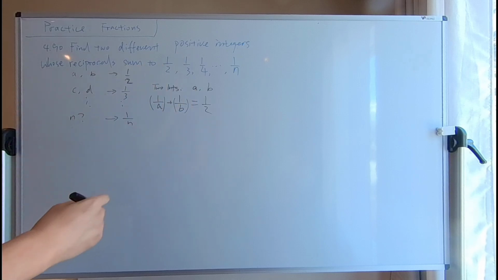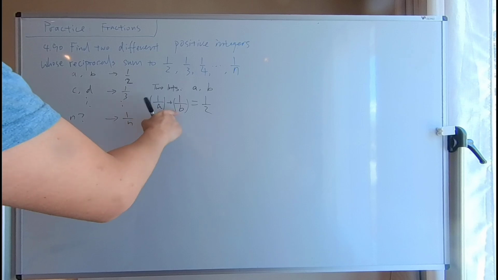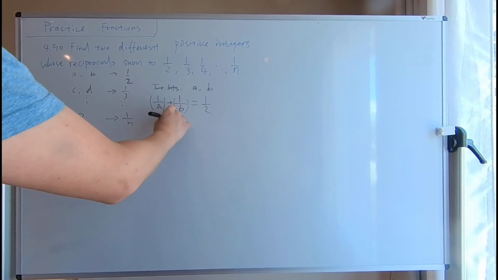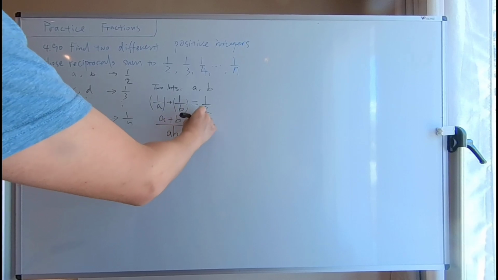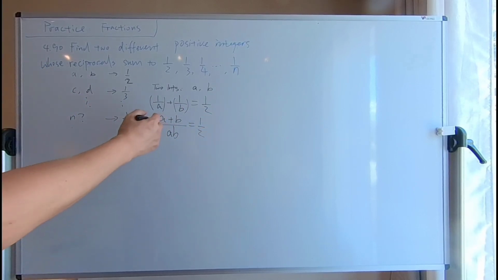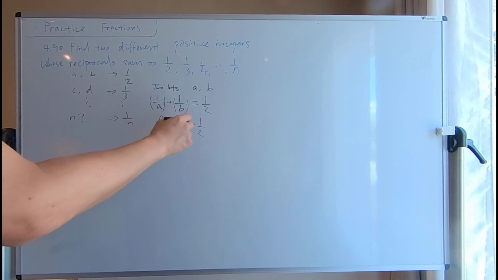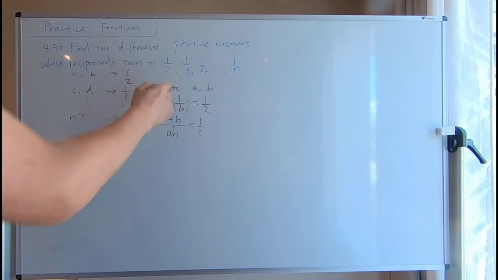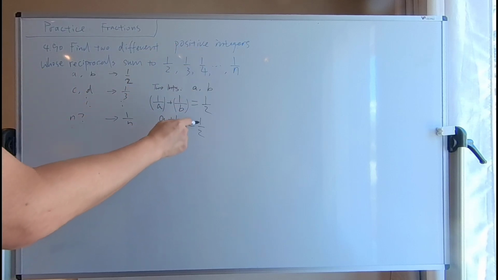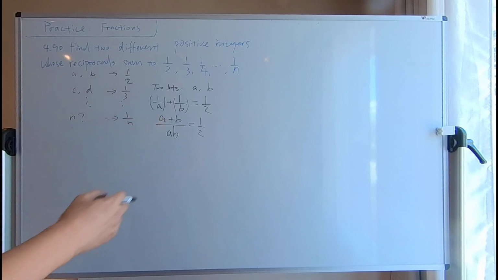To rewrite a little bit, if the common denominator is a times b, then the numerator is a plus b, equal to 1 over 2. Of course it doesn't mean that a times b must be 2 and a plus b must be 1, because obviously for positive integers a and b, they cannot add up to 1, right? They cannot be 0 and 1.